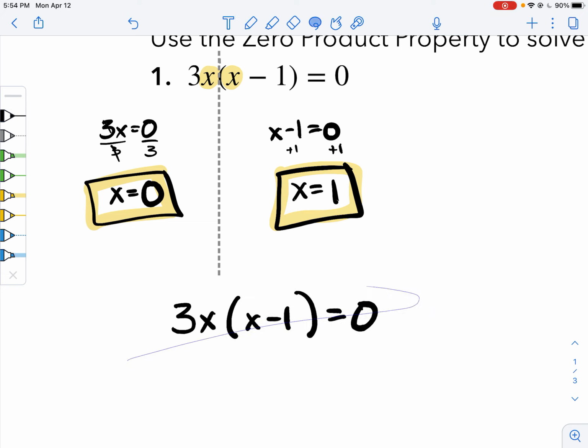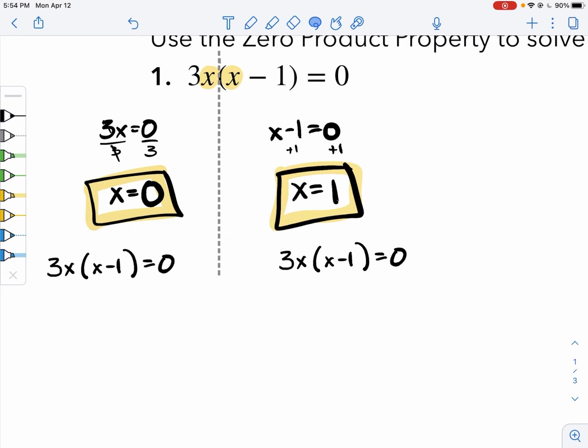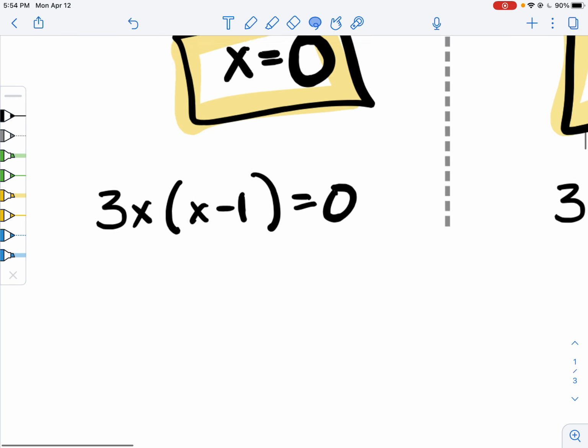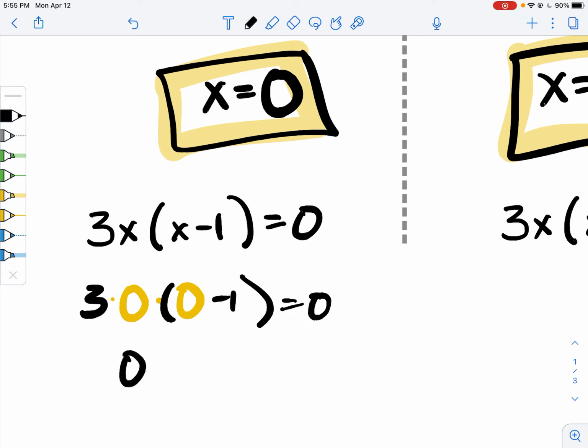And we're going to check if both of these make it work. Is it true that 3 times 0 times 0 minus 1 equals 0? Well, yeah, because 3 times 0 is 0, and 0 times negative 1 is 0.